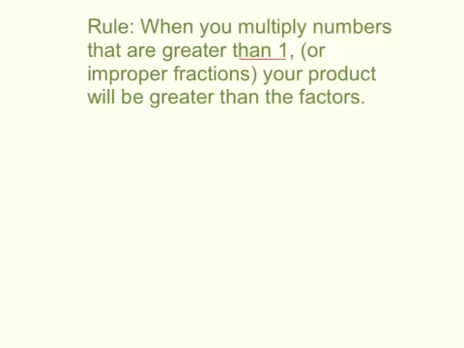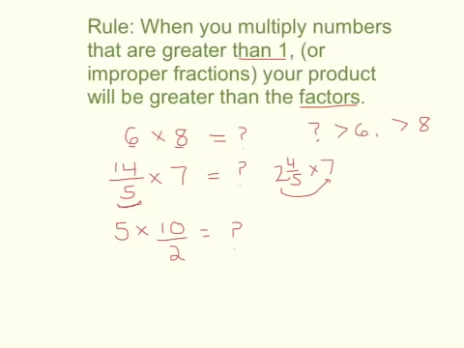If I look at the second one, this number also is greater than 1. It's a fraction, but how many 5s go into 14? It's 2 and 4/5 times 7, which means I have at least 2 more 7s, and then I have another part of a 7.